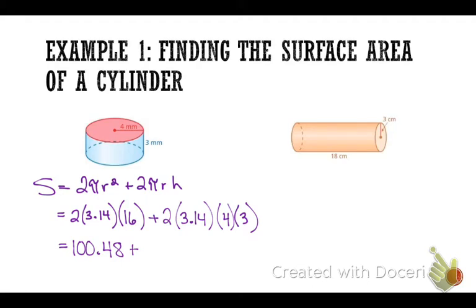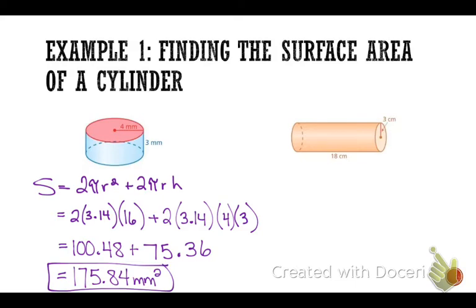Okay, now we multiply this side. Calculators are okay. What do I get when I multiply 2 times 3.14 times 12? Isla? 75.36. Yep, that's what I got. And now I just add those two together.